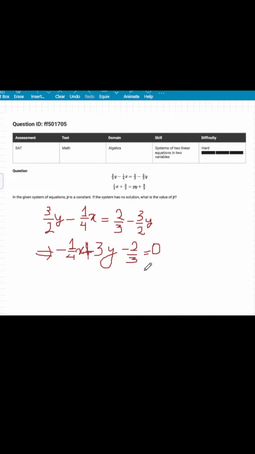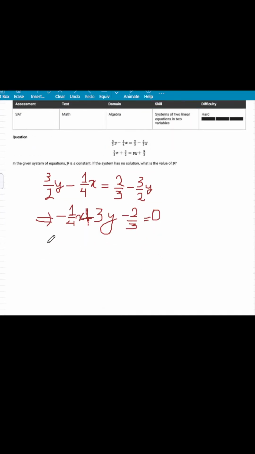This is the first equation, and the second equation is half of x plus 3 by 2 is equal to py plus 9 by 2.